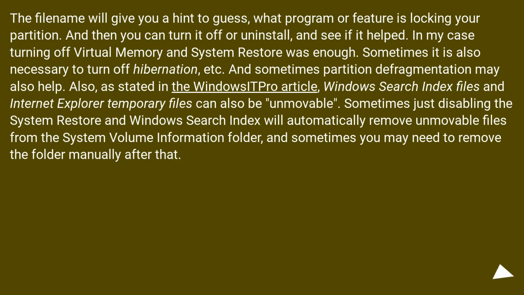The file name will give you a hint to guess what program or feature is locking your partition. And then you can turn it off or uninstall it, and see if it helped. In my case, turning off virtual memory and system restore was enough. Sometimes it is also necessary to turn off hibernation, etc., and sometimes partition defragmentation may also help.